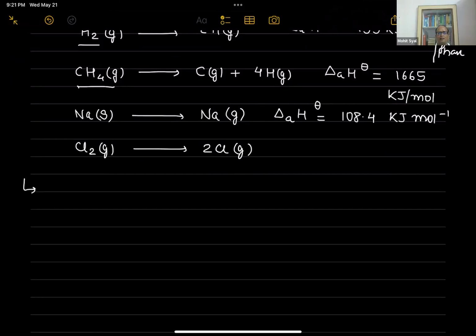Next is bond enthalpy. Very, very important, because as the name indicates, it is dealing with the bond energies. So what could be the definition of bond enthalpy?